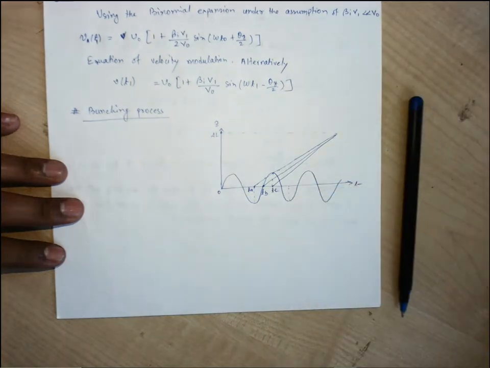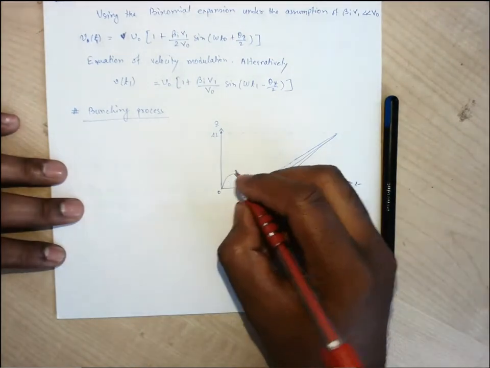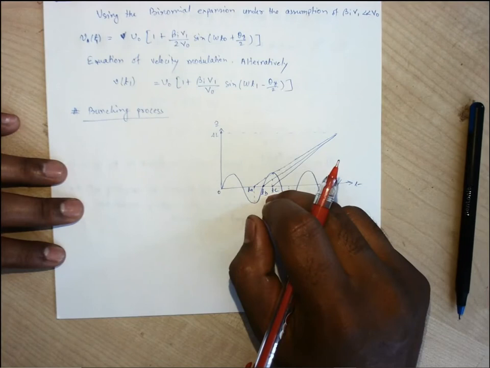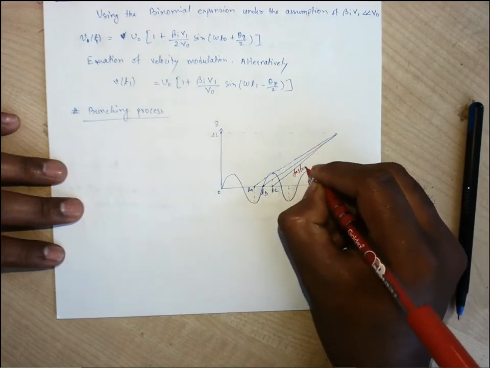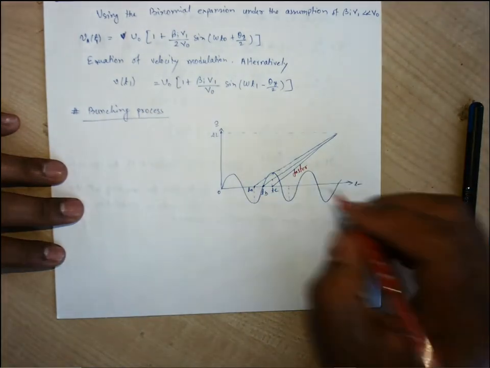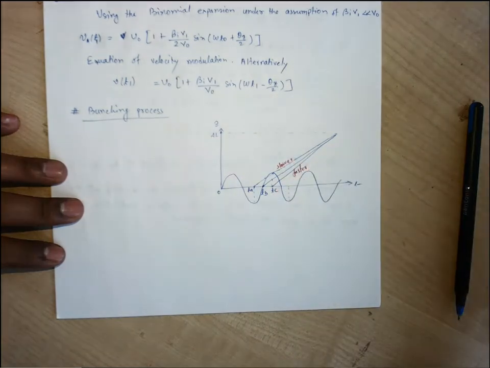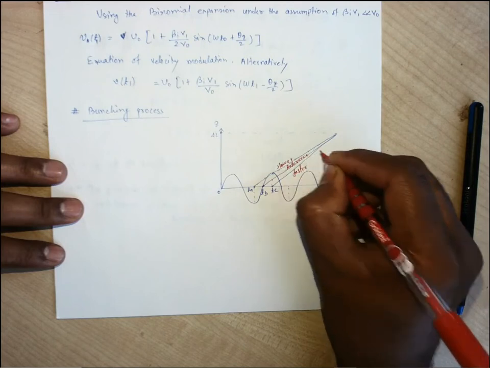So at Tc, the electrons that have been coming have been accelerated, so we can say it is the faster electron. At Ta, the electrons are decelerated, so we can consider this one as the slower electron. And at Tb, these are the reference electron moving with reference velocity.